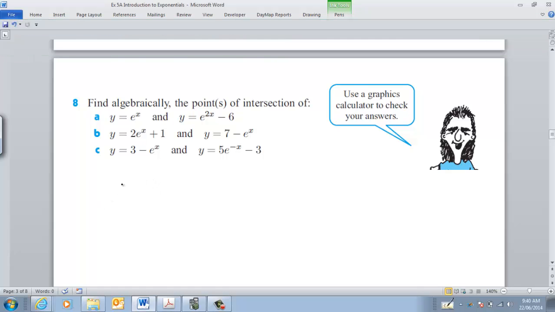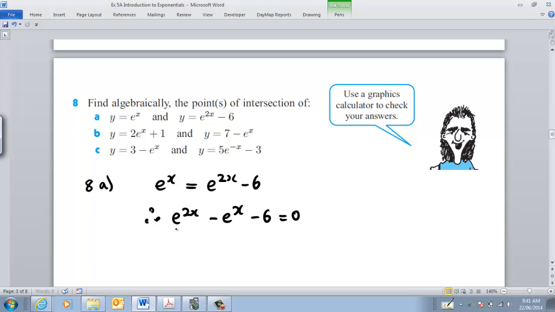So if we just do number A first, if we have an intersection, we know that e to the x must be equal to e to the 2x take 6. So we simply rearrange that: e to the 2x take e to the x take 6 is equal to 0, and then we solve that, thinking of e to the x like being big X.